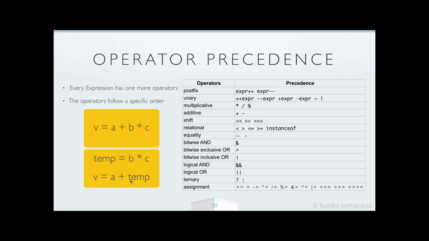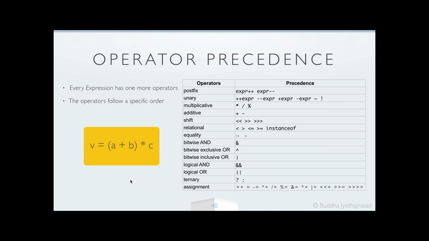So if you want a plus b to happen first, what should we do? Brackets. We should use parenthesis. Yes, parenthesis is what we have to use. By using parenthesis, we can overcome the operator precedence issues. Also sometimes using parenthesis will make some things more clear.